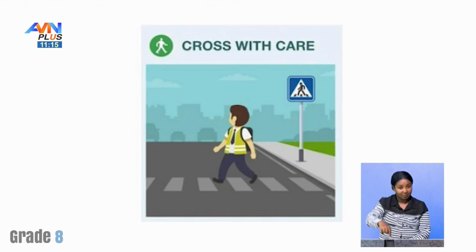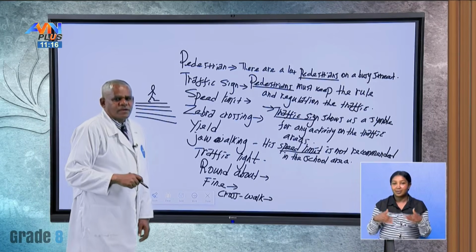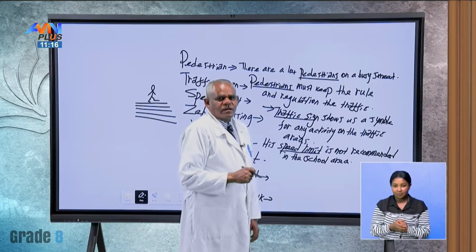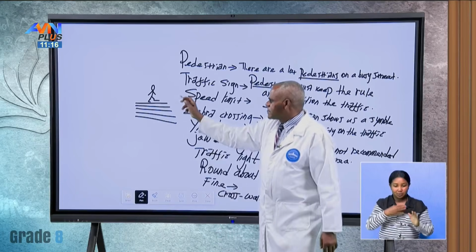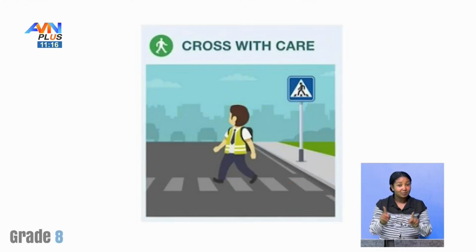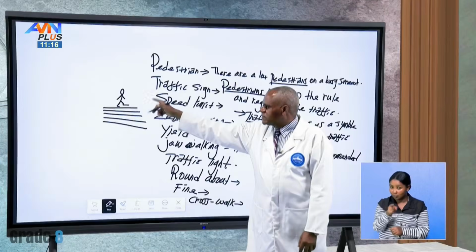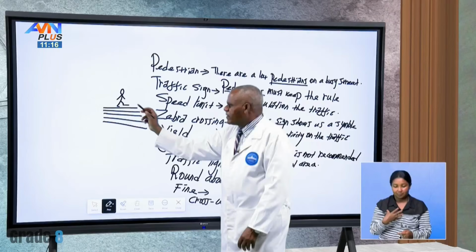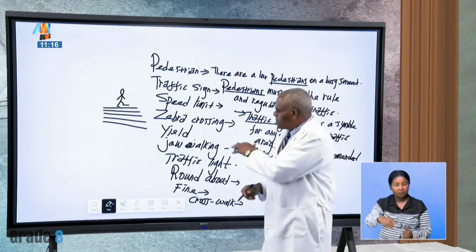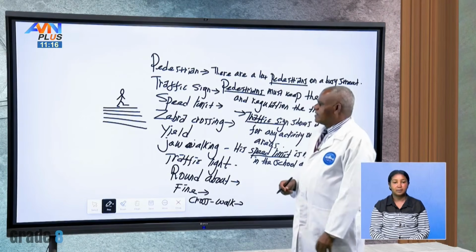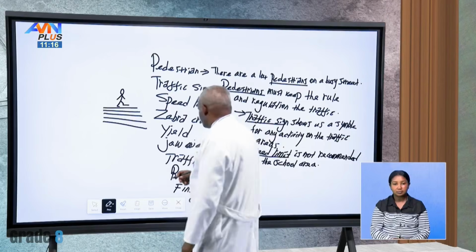This is a very interesting sign or symbol to represent the zebra crossing. Zebra crossing is common, especially in busy areas. Therefore, while you are crossing the road, don't forget to walk on this area. This is a zebra crossing. The other thing is yield.